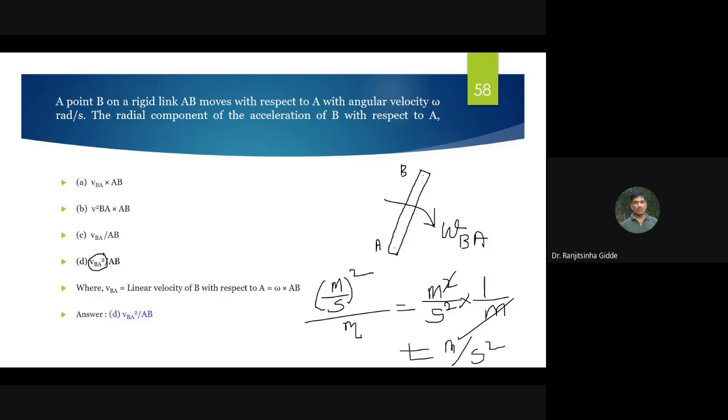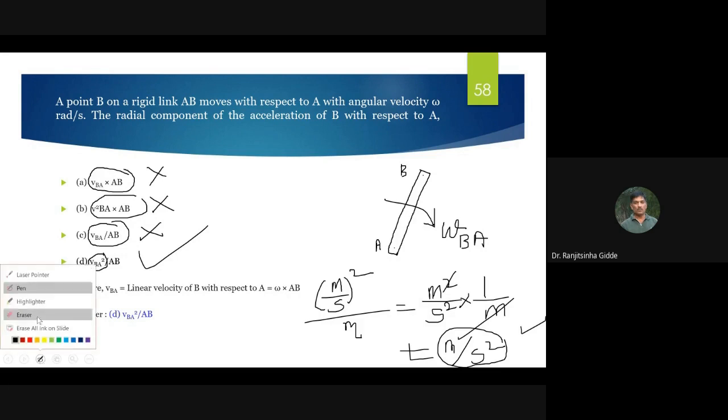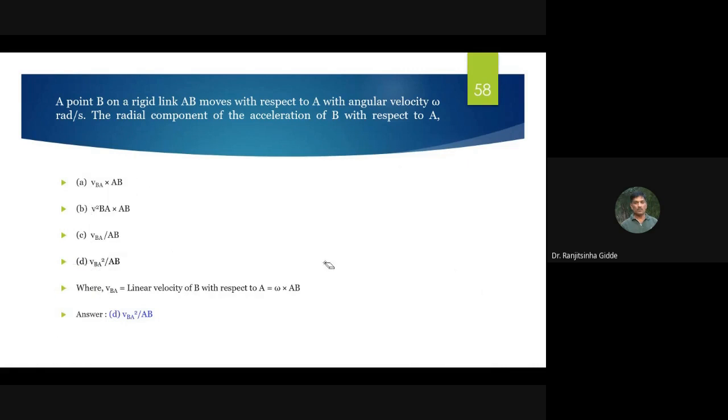Meter per second square. This is the unit for acceleration. Here we are getting a different unit, here a different unit, here a different unit. This is wrong. This one is wrong. This is correct. Okay. Did you understand this? Understood? Okay.